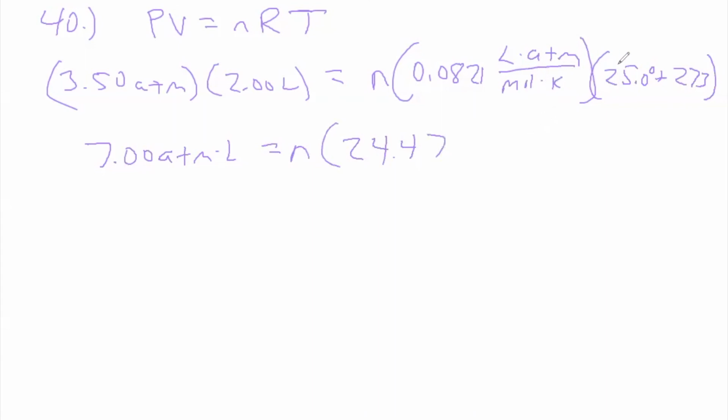And then look at the units on here. The unit for this temperature was Kelvin, and that will cancel out the Kelvin down there. So the units now would be liters times atmospheres over moles. Now we'll divide both sides by 24.47.